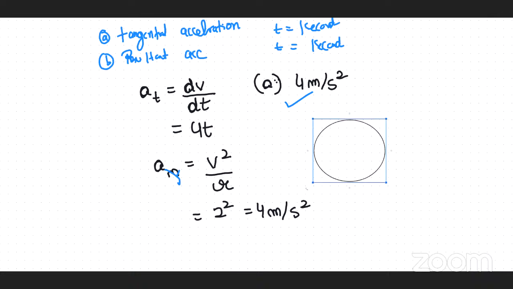So at any point, one is tangential, the other is radial. Or I can pick this and draw a proper vector of this.